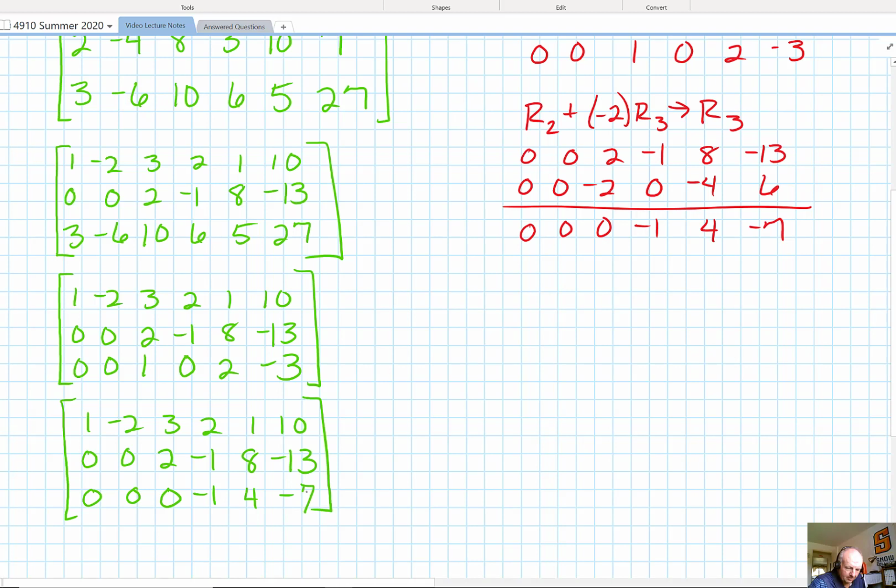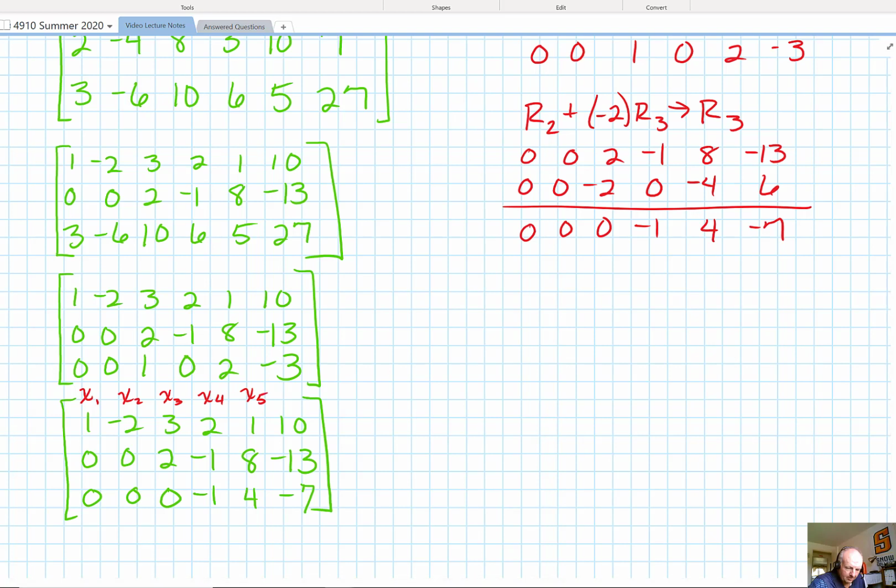When you go to solve this, look at the columns that have leading elements in them. This is the x sub 1 column, this is the x sub 2 column, x sub 3 column, x sub 4 column, and x sub 5 column.